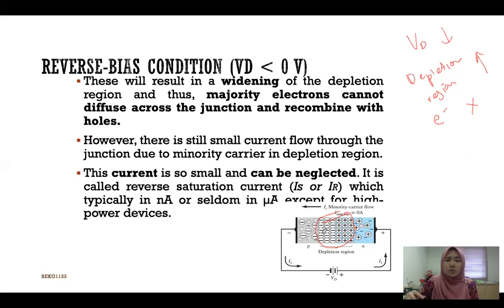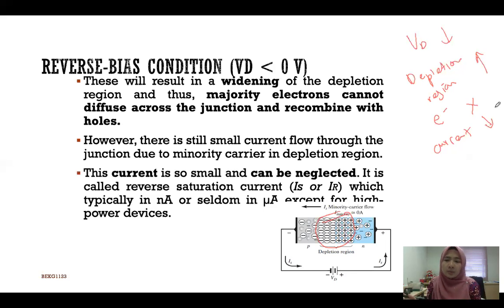When this happens, the current will be reduced. The current will become small, very small, and thus you can neglect it. Meaning that we take current I equals 0 because it is very, very small. So this is what happens in the reverse bias condition.